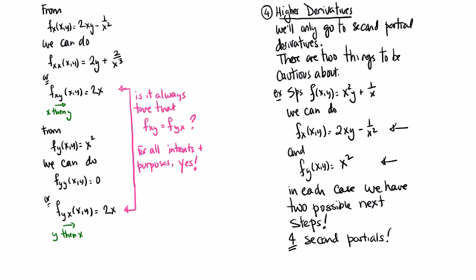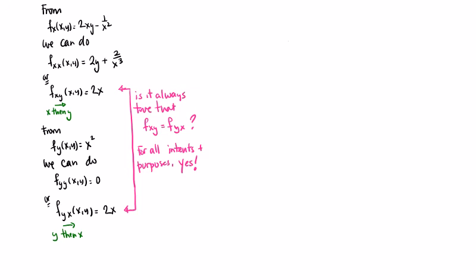So, a couple closing comments. One is, what about the other notation? So let me clear the right-hand side of the screen, and then we'll mention that. Note 1: alternate notation. In place of f sub xx, we could write partial squared f partial x squared, right?